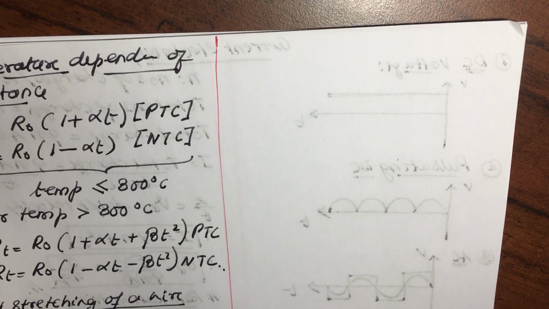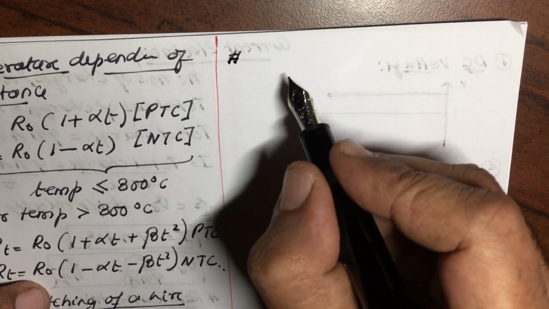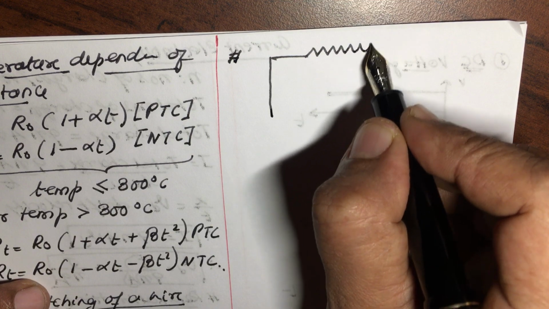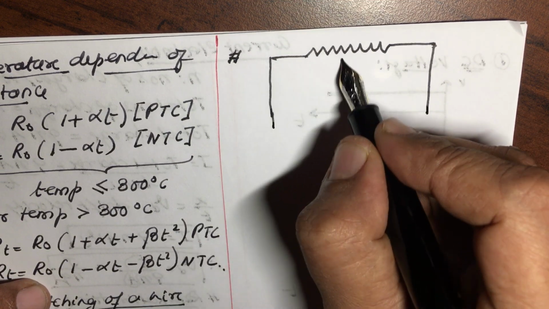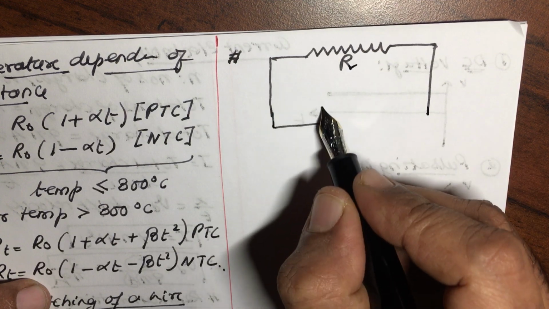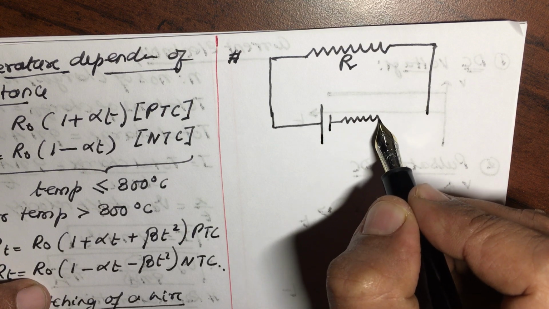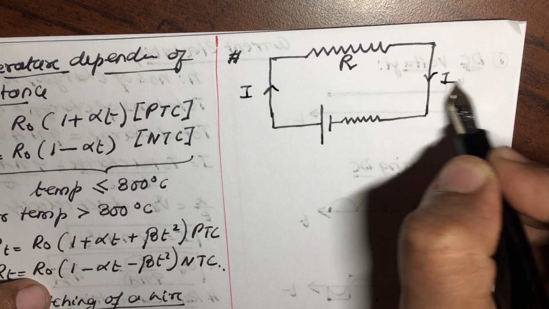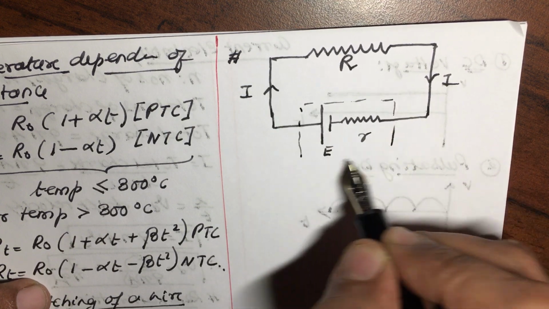Okay, next, if you consider a circuit like this, this is the external resistor having resistance R, that is a battery having internal resistance small r, carrying current I. So this is E, this is small r, that is your battery.